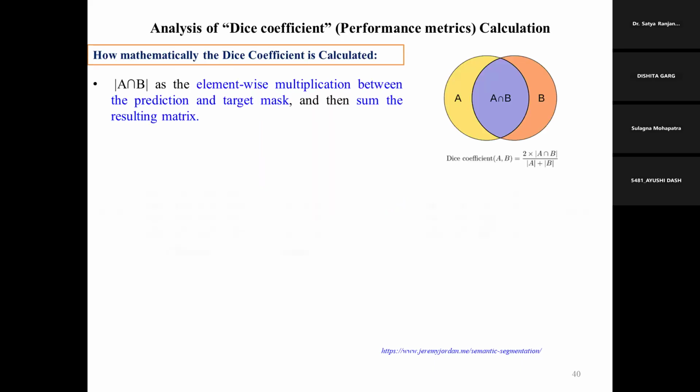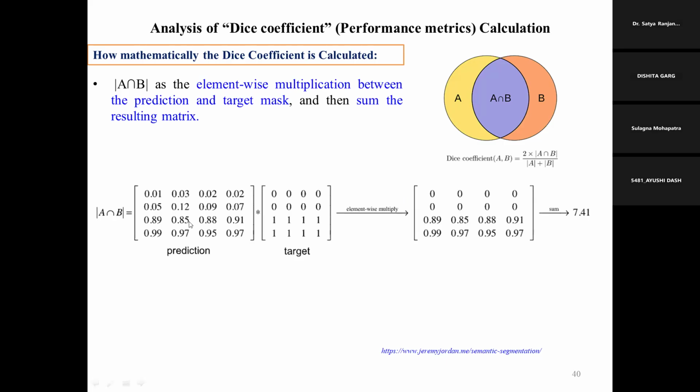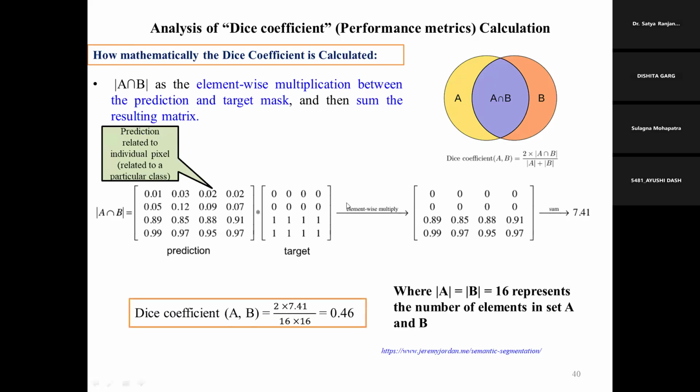So how do we generally calculate it? Suppose this one is my prediction and this one is the target, these are my pixels, like 1 1 1 1 1, and these should be 0 0 0. The prediction pixels I got after the segmentation are multiplied by the target, an element-wise multiplication, and the sum is 7.41. This is the prediction for the individual pixels, and this is my target.